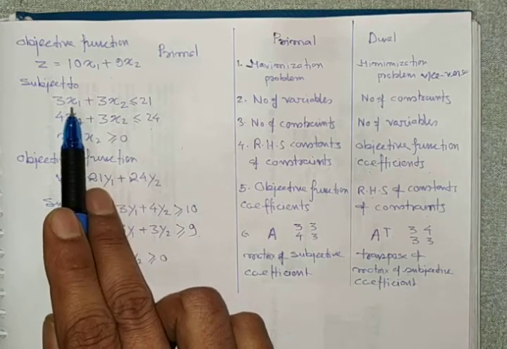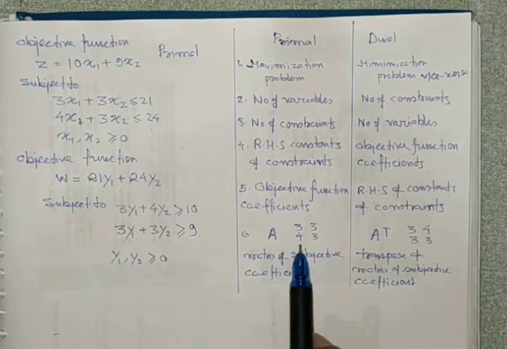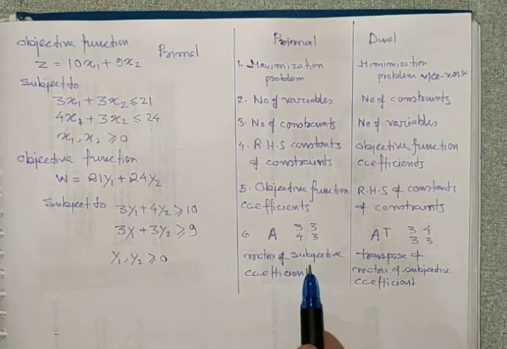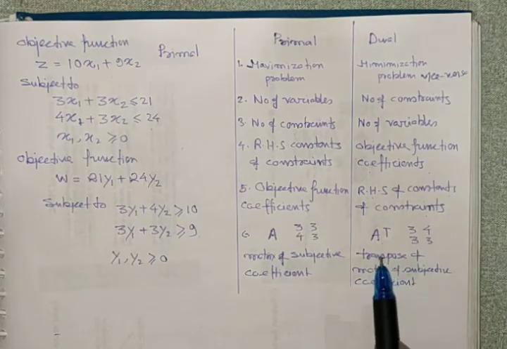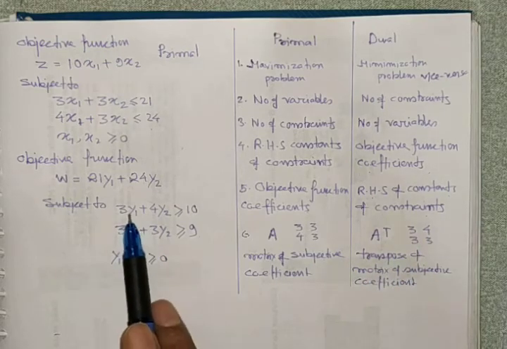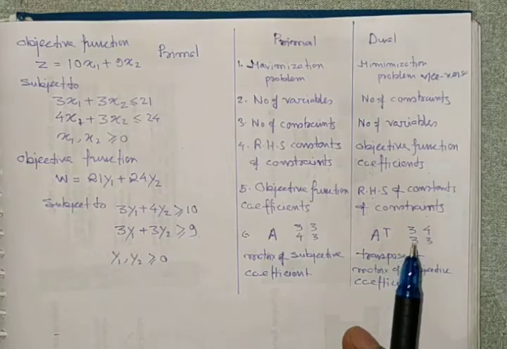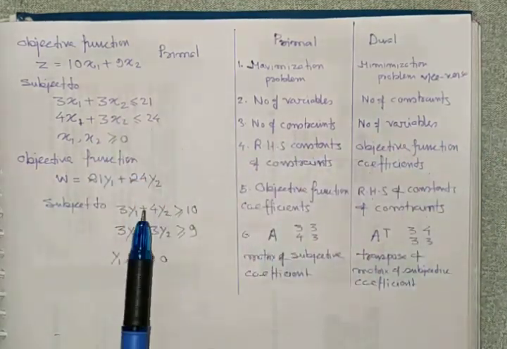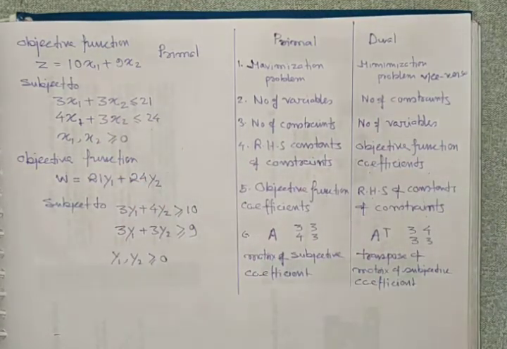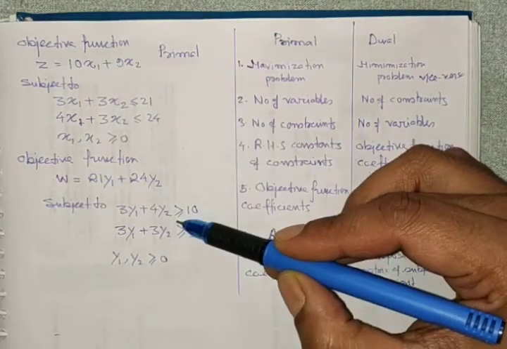Look at here, 3 3 4 3 for the primal, and for the dual it is the transpose of that, that is 3 4 3 3. So in that way we will convert the primal into the dual.